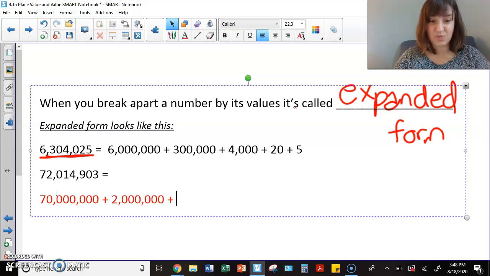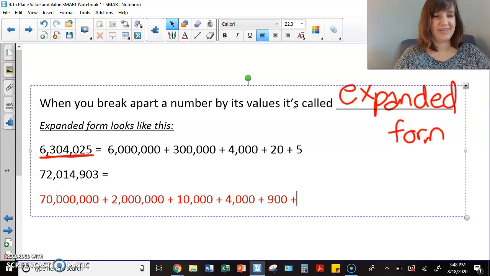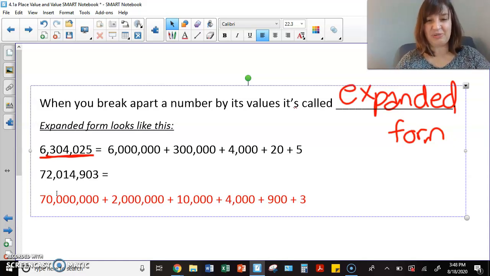My next digit is 1. It's in the ten thousands place, so I have 10,000. My next digit is 4 in the thousands place, so it's worth 4,000. My next digit is 9 in the hundreds place, so it is worth 900. My next digit is 0 in the tens place, not worth anything. And then my final digit is the 3 in the ones place, which is just 3 ones.